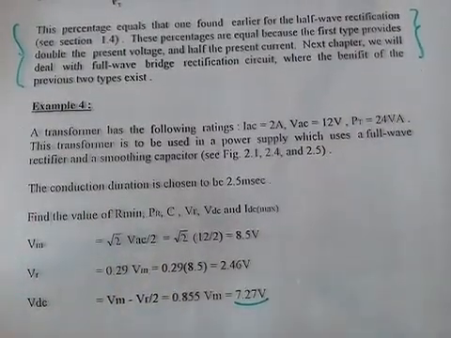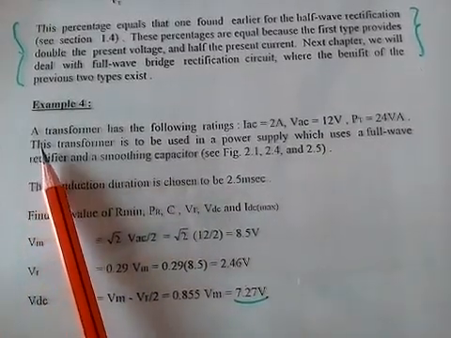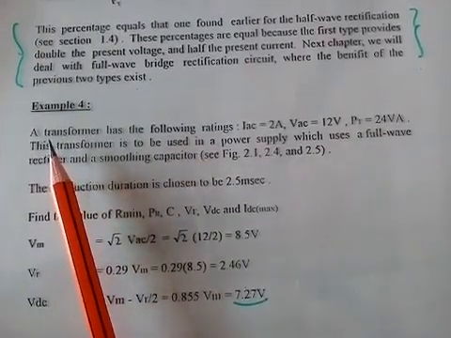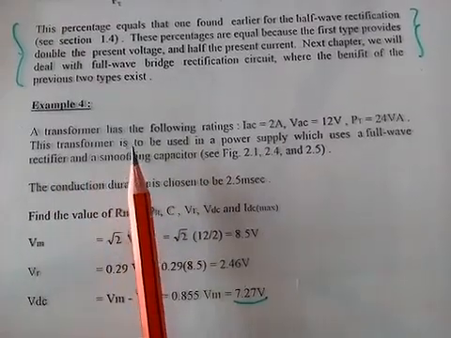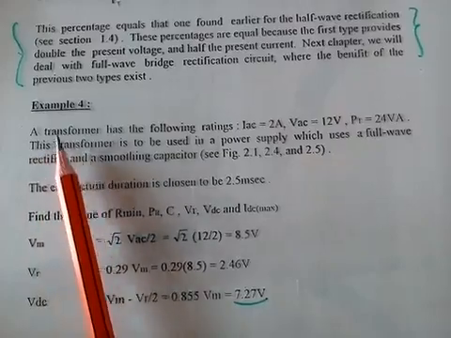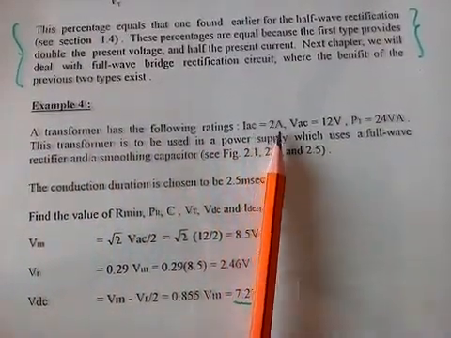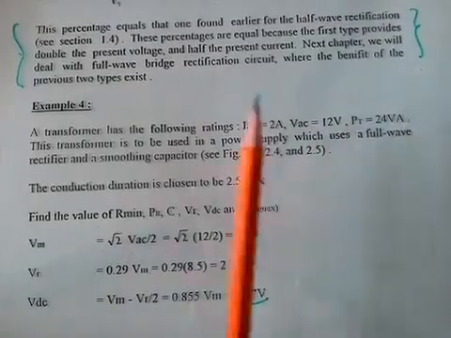Okay, now let's have an example, which is standard for all types of power supplies. We are always using the same transformer to see the merits of each individual circuit. A transformer has the following ratings: IAC equals 2 amps, VAC equals 12 volts, P total equals 24 volt-amperes.